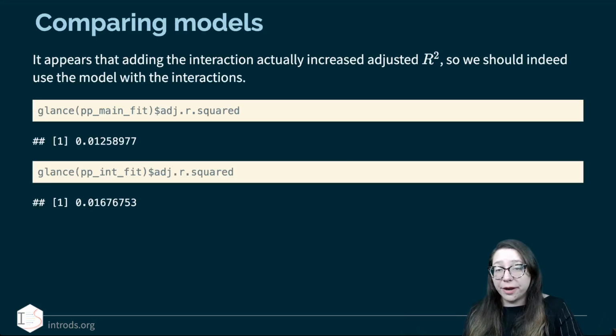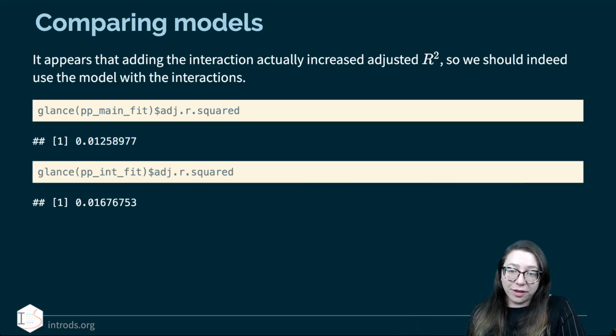And when it comes to comparing the models, we said earlier that we would like to compare the adjusted R-squareds of the models. So here I'm taking a look at the adjusted R-squared for the main effects model and the adjusted R-squared for the interaction effects model. It looks like for the main effects model, my adjusted R-squared is roughly 1.3%.